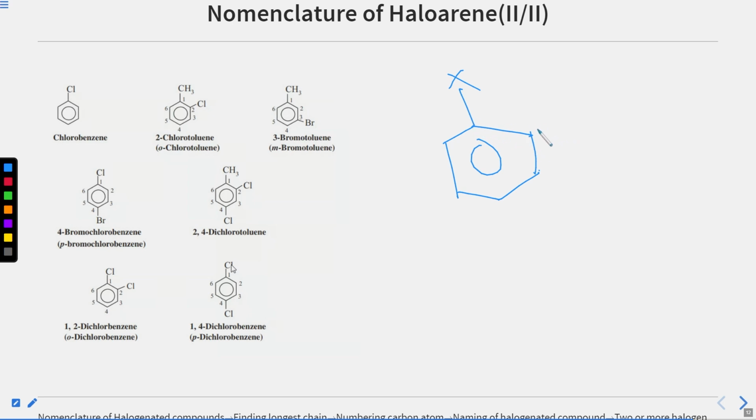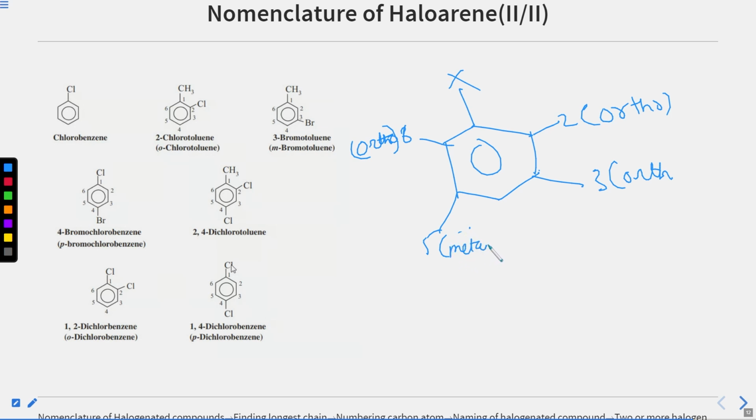Suppose with relation to it, this is position 2, so we will name it ortho. The 2 position is ortho. Similarly, this is 6, so it is also ortho. At 3 we have meta, and at 5 we have meta. At 4 we have para.